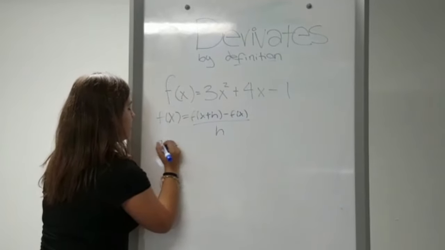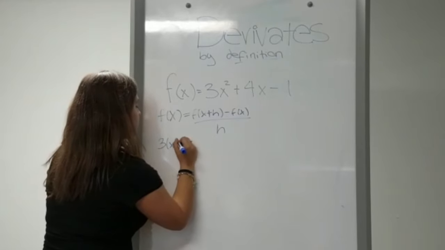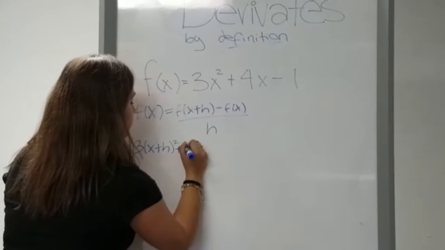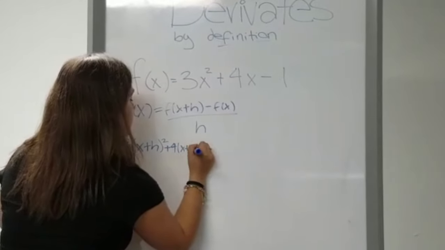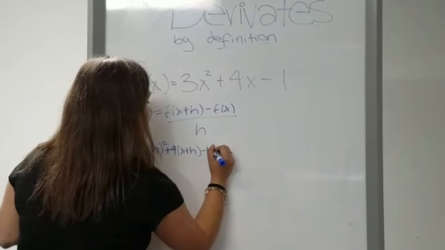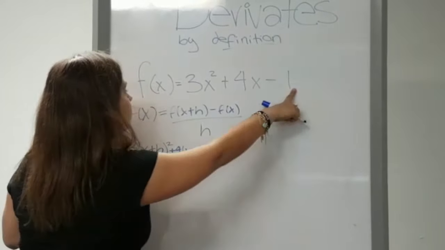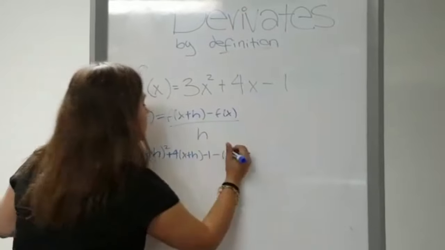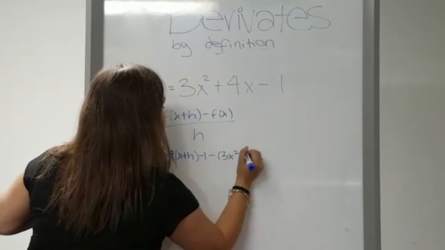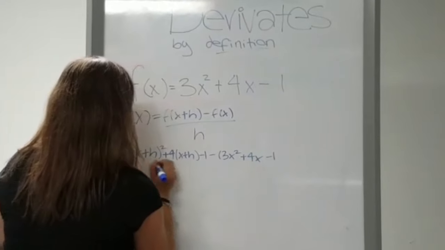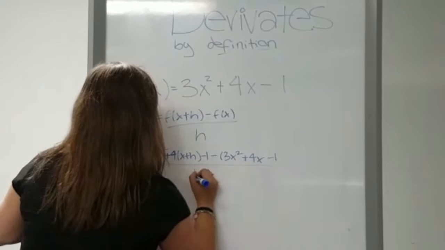So we have 3 parentheses x plus h squared plus 4 parentheses x plus h minus 1 minus parentheses, and then you have to put f of x, which is this. So 3x squared plus 4x minus 1, and everything over h.